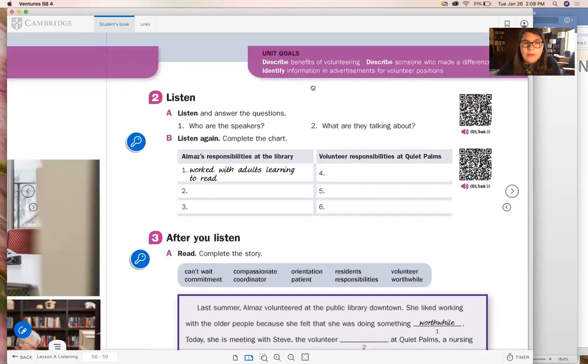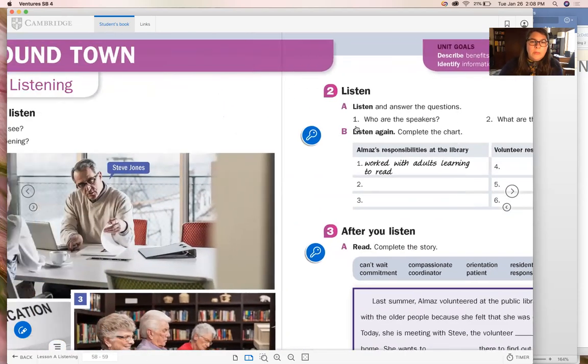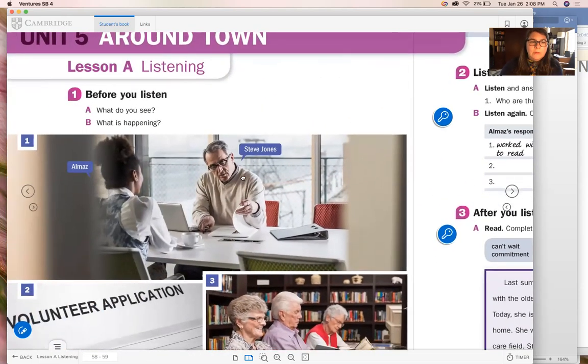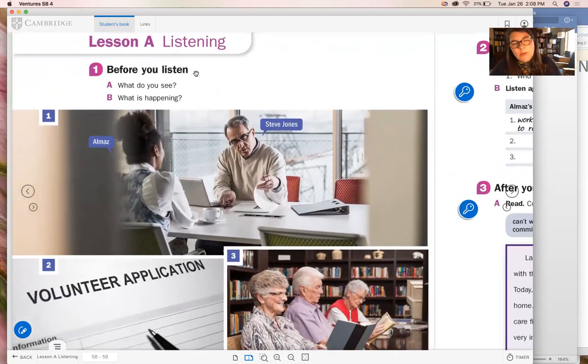So first thing, describe benefits of volunteering. We're going to look over here on page 58. Here we go. And this is before you listen. So today's lesson, Lesson A, it's always a listening, speaking, vocabulary practice. You're going to learn a lot of new words or work on pronunciation of words that you already know.